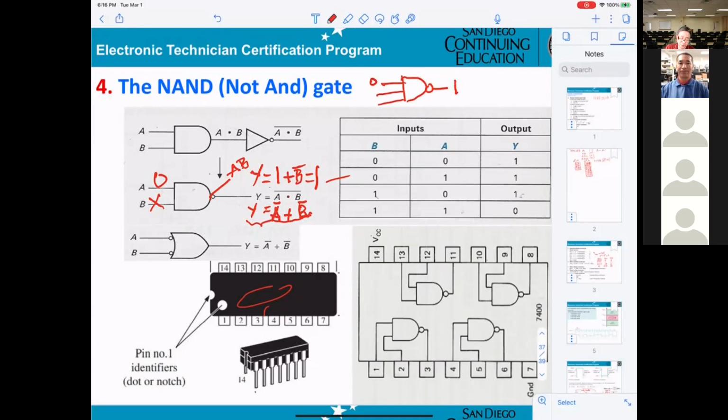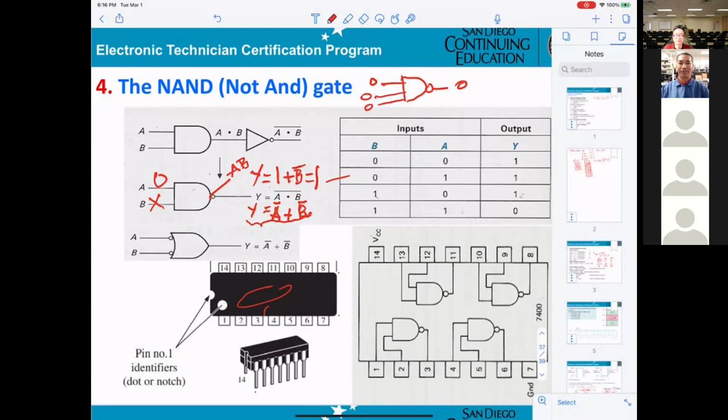However, in order for the output to be a 0, that will be asking for 0 and 0. Then the output is 0. That means all of the inputs must be 0 in order to tell it the output to be a 0.